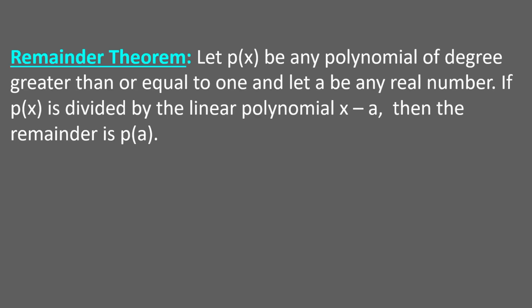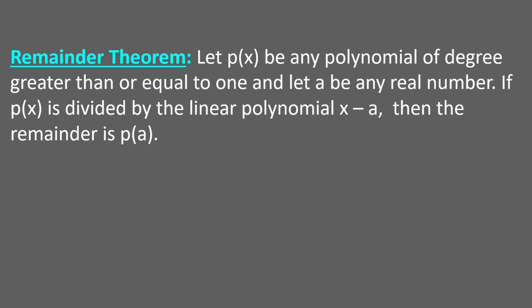Remainder theorem. Let p of x be any polynomial whose degree is greater than or equal to 1. Let a be any real number. When the polynomial p of x is divided by the linear polynomial x minus a, the remainder obtained is p of a.